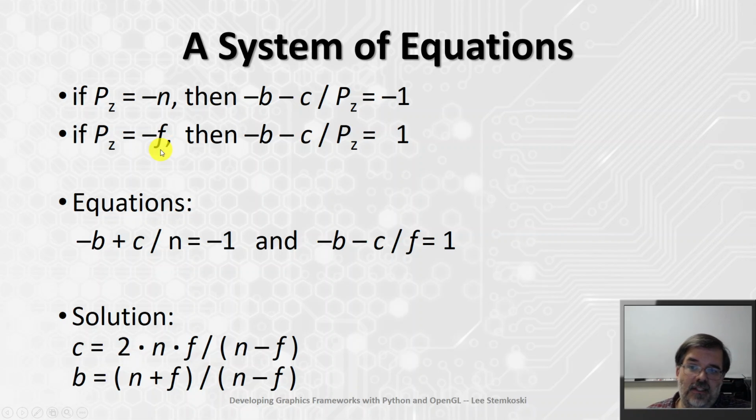The second thing is we need to know if pz is equal to negative n, then this value right here should either be mapped to -1 or +1, and you might think, I know that I thought, that initially this should be mapped to +1, because in the coordinate system we've been using, the positive z-axis points at you, the viewer. So the near distance should be +1.